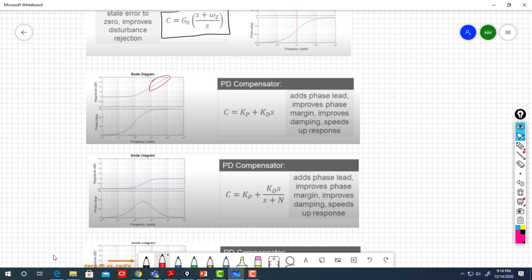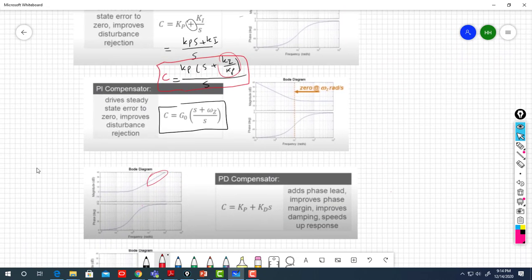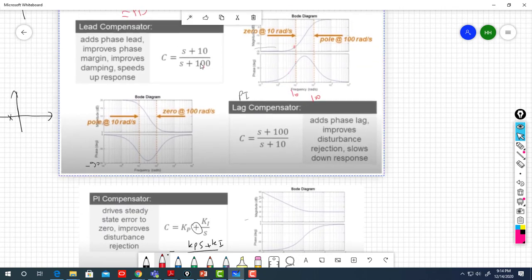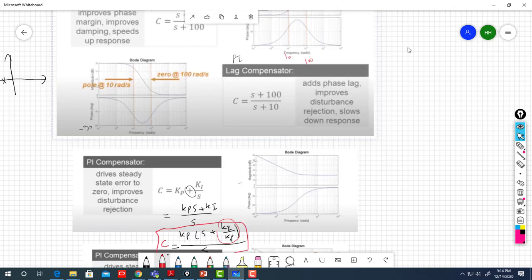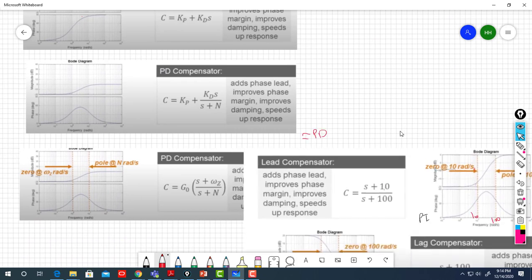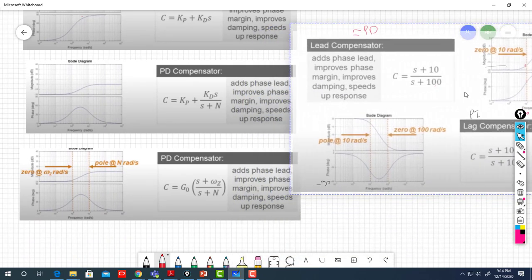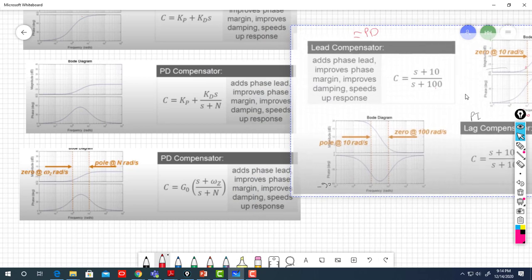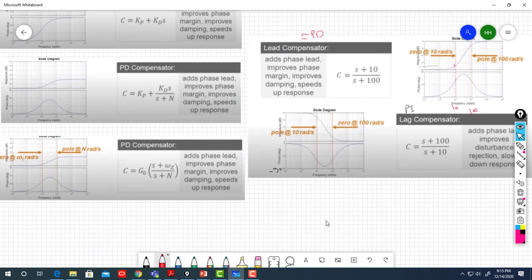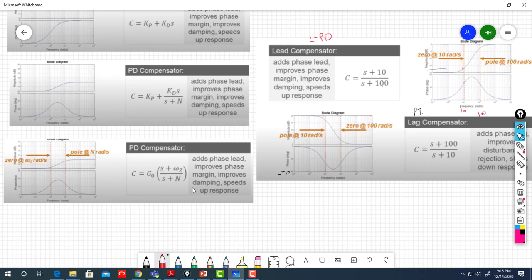So if you look at the PD compensator, let's put it with a lead compensator, for example. Okay, let me take this, Control C, put it here, and look at both curves. Look at the PD compensator with a derivative effect, with a low pass filter added on it, S plus N. That's how it behaves.